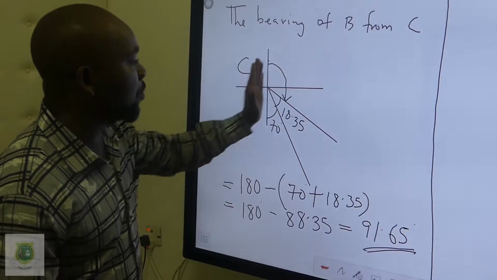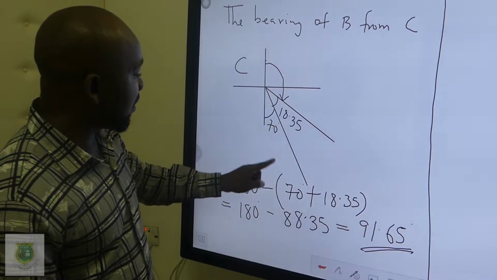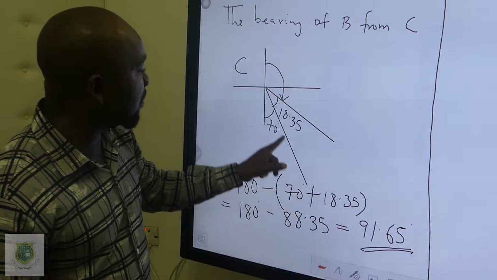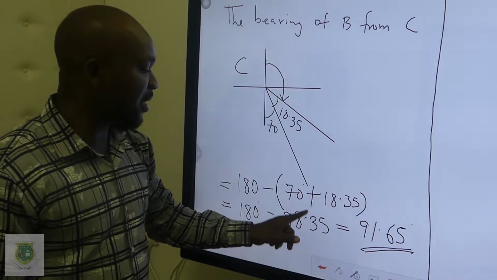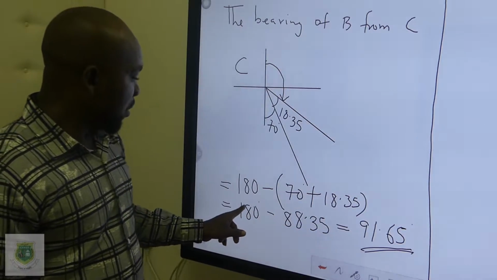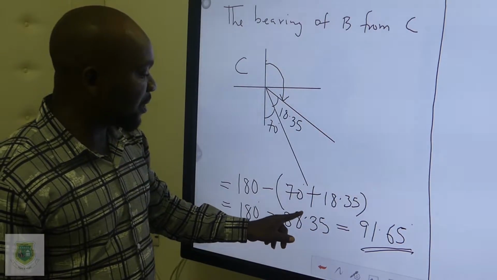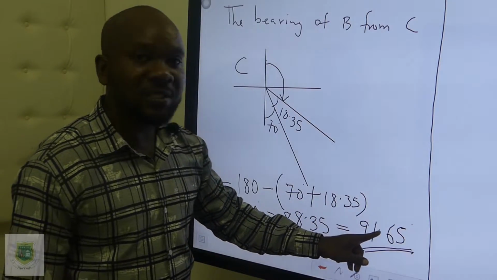Total angle here is 180. So 180 minus, in brackets, 70 plus 18.35. This plus this will give you 88.35. 180 minus 88.35 equals 91.65.